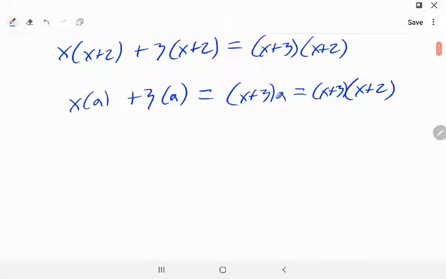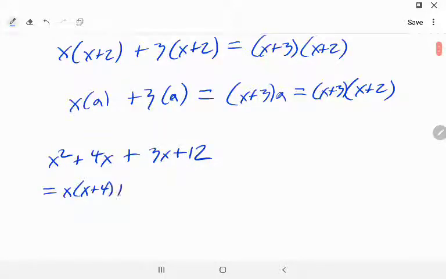So if we saw something like x squared plus 4x plus 3x plus 12, we notice that there isn't an obvious binomial factor, but what we can do is notice that by pulling an x out of the first two terms and pulling a 3 out of the following two terms, we get a common binomial factor of x plus 4.